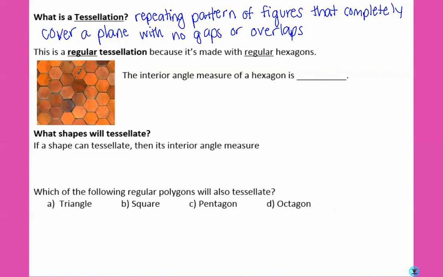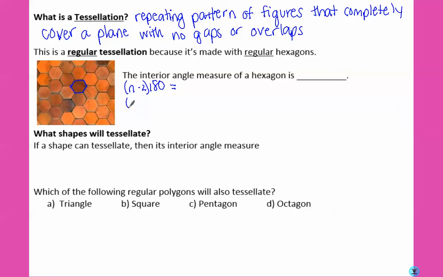So this is a regular tessellation because it's made with regular hexagons. It kind of looks like floor tiles. Here's our hexagon. And it's a lot of the same shape, just translated around where they're all touching. So the interior angle measure of a hexagon, remember, how do we find the interior angle measure? N minus 2 times 180 will give us the sum of our angle measures.